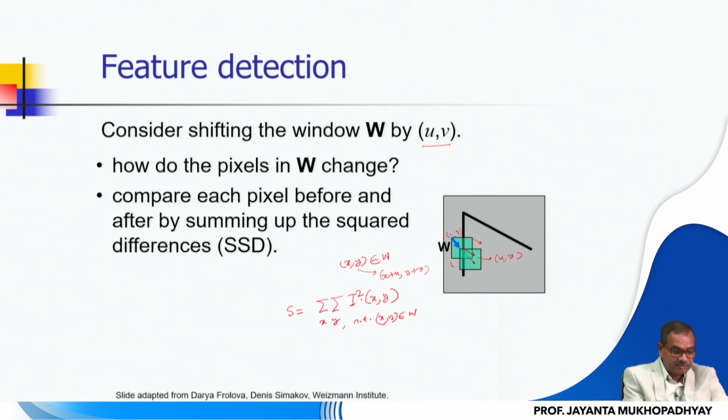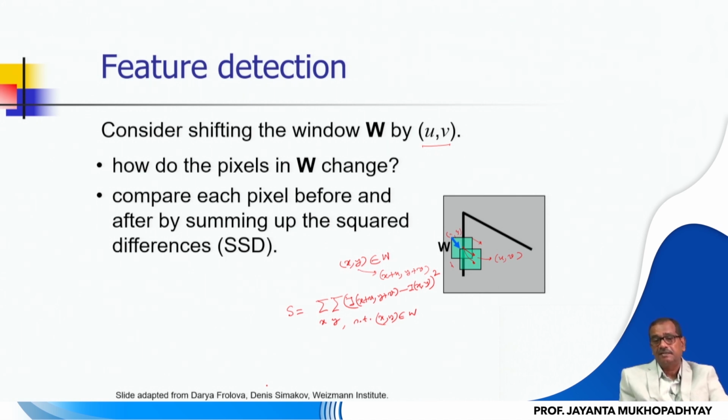So what I will rather do is consider the difference between these two pixel values and take the square of it, instead of just taking the difference between sums of squares.